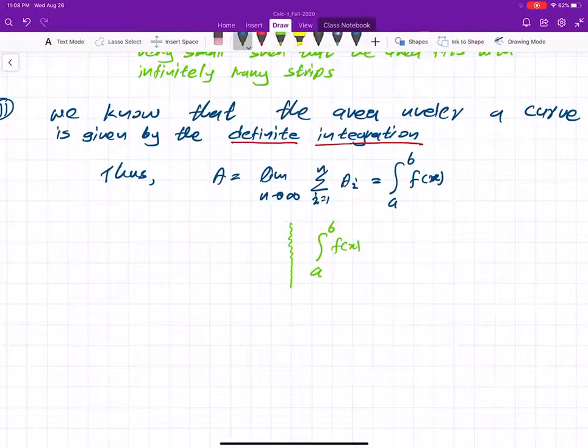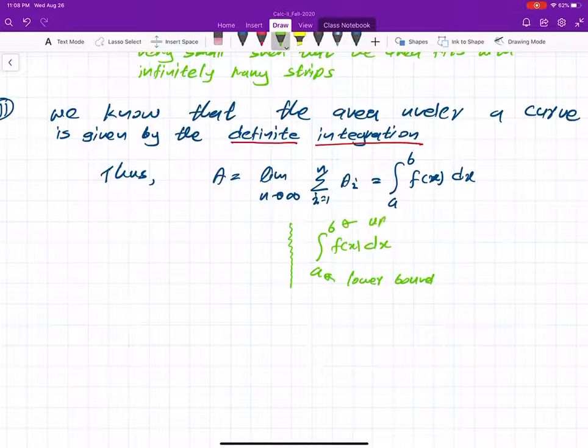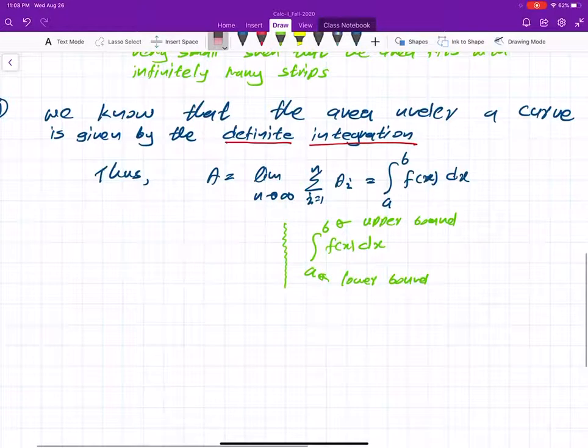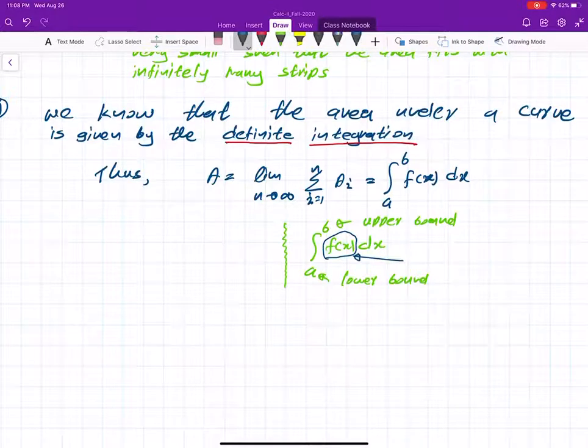I'm sorry, I forgot to put dx here. So this is how you denote definite integration. This is called the lower bound, that is called the upper bound, and this is called the integrand.